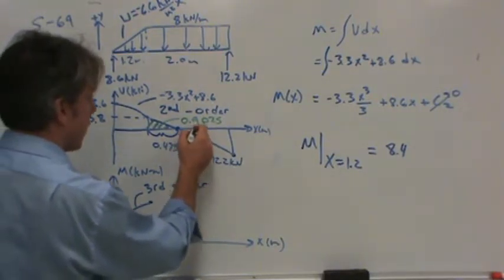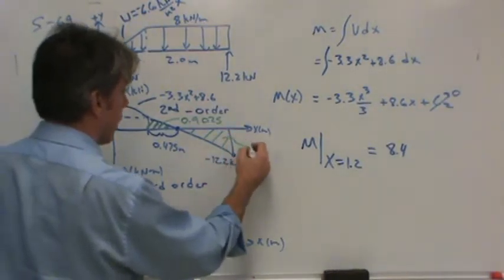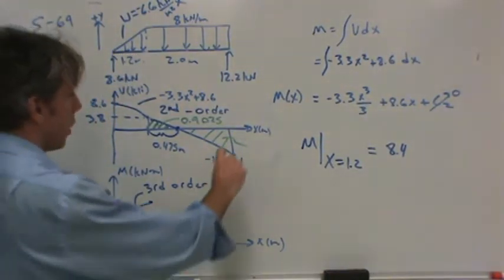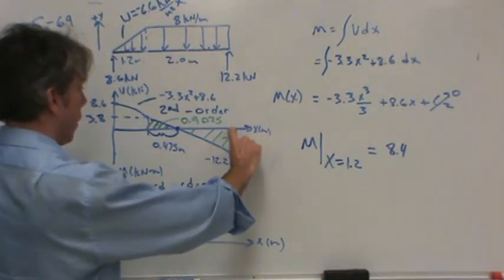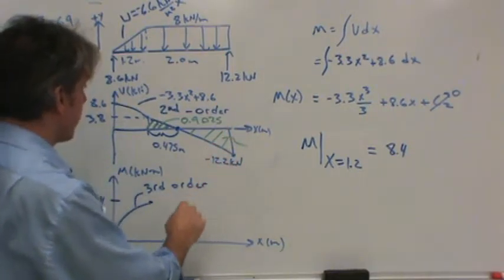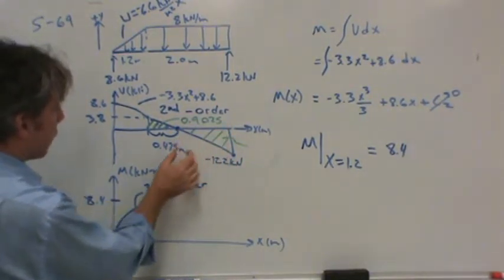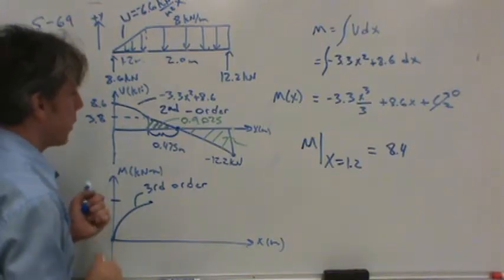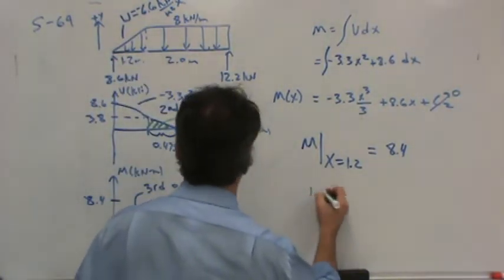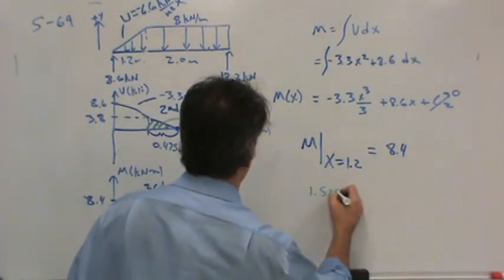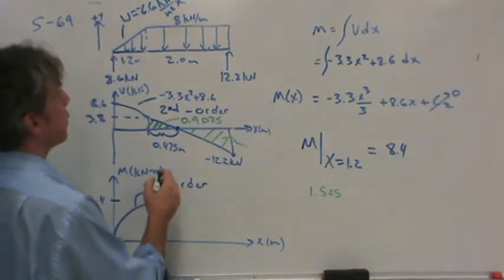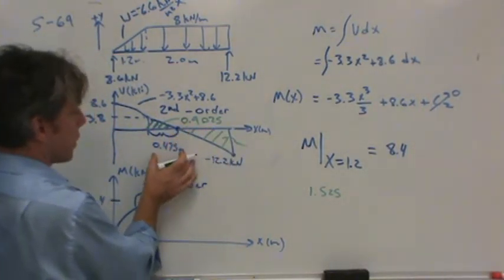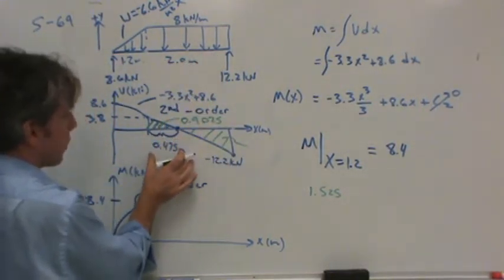This area we should be able to compute as well. All we have to do is take 12.5 multiplied by, well, this is going to be a little more tricky, right? 1.5 plus, here, let me write it down. 1.525 meters. That should be this distance because that's what remains of the 2 meters.